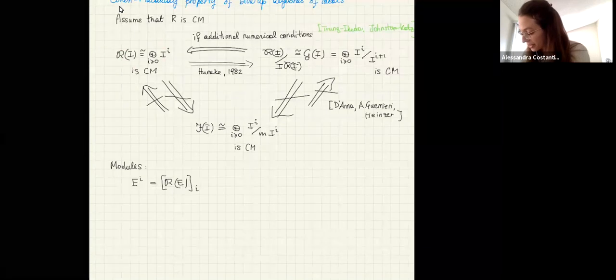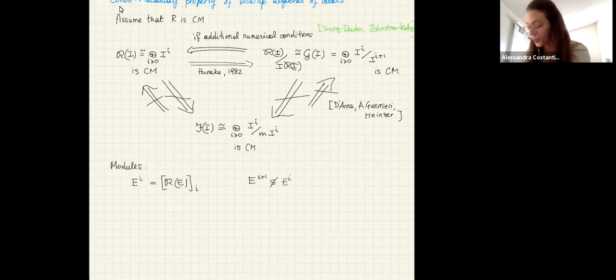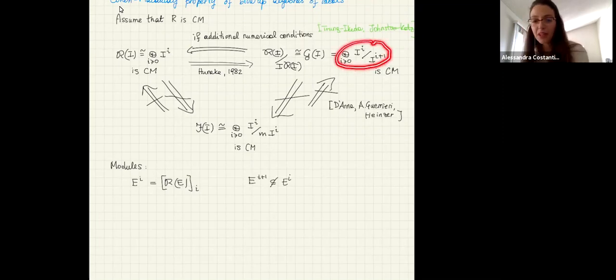But the problem is that E^(i+1) is not contained in E^i anymore. Just think, for example, when i is equal to 0, a module is not contained in a ring. And that creates a huge issue because there is nothing that looks like this. Really, you cannot write E^i over E^(i+1).